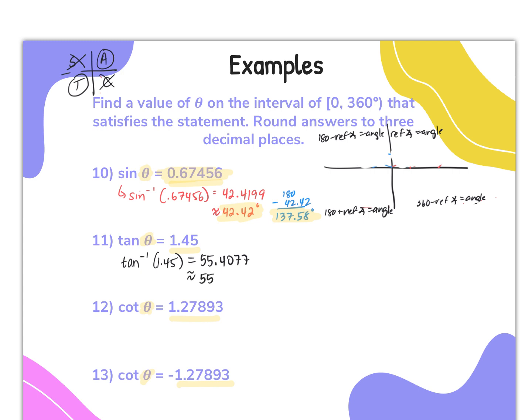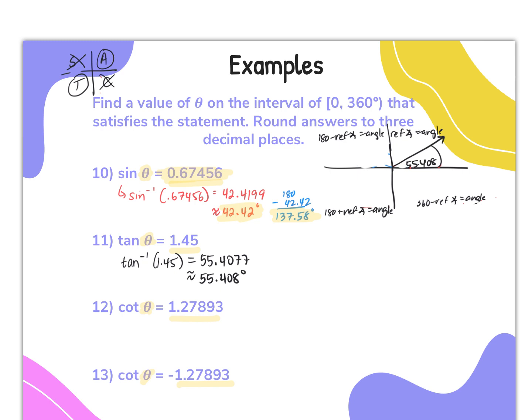So 55.408 degrees. So 55.408 degrees is going to be my first angle here in this quadrant. That's going to give me a tangent of 1.45. And you can double check yourself, type in your calculator, what is the tangent of 55.408?